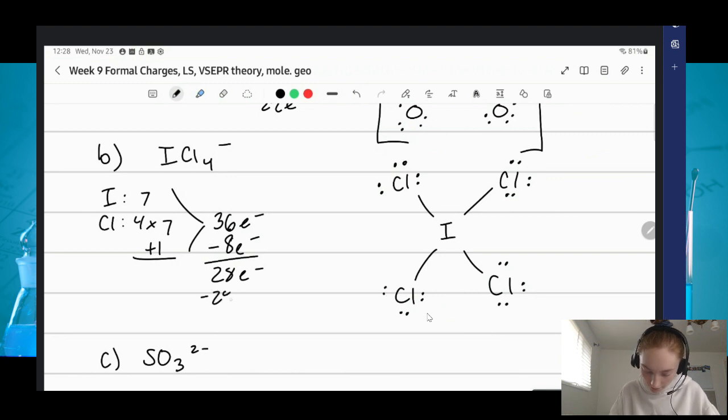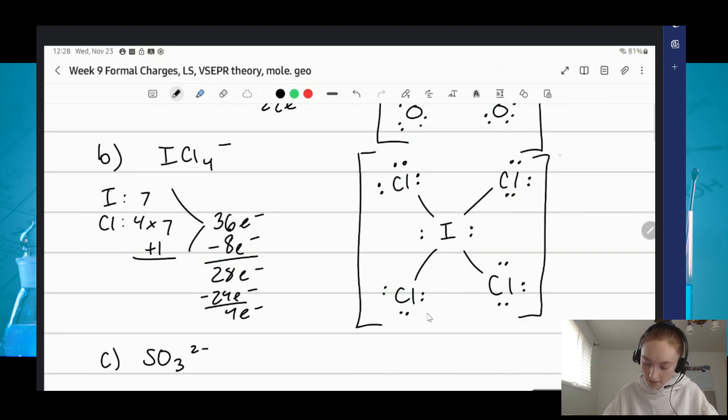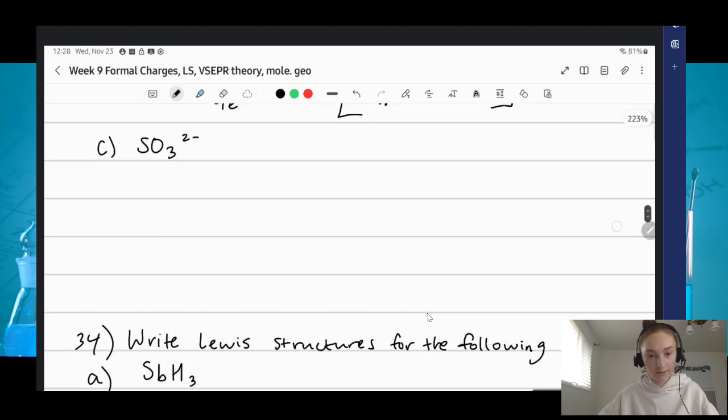Minus 24, and we'll need 4 valence electrons left over. But in this structure, the iodine can actually hold more than 8. In this case, it's holding 12, so the 4 valence electrons go to the iodine. So that is what that structure looks like, and don't forget the minus sign. Okay, let's move on to the next problem.